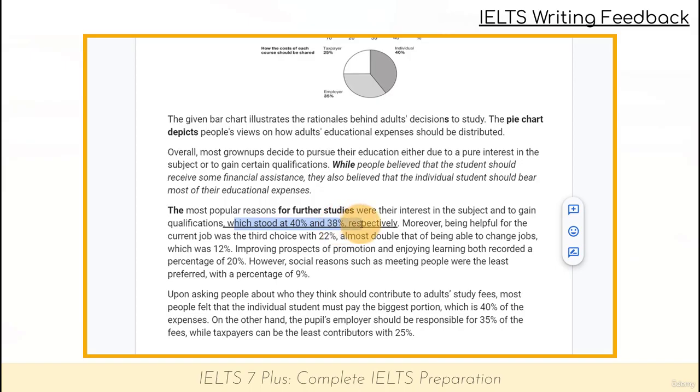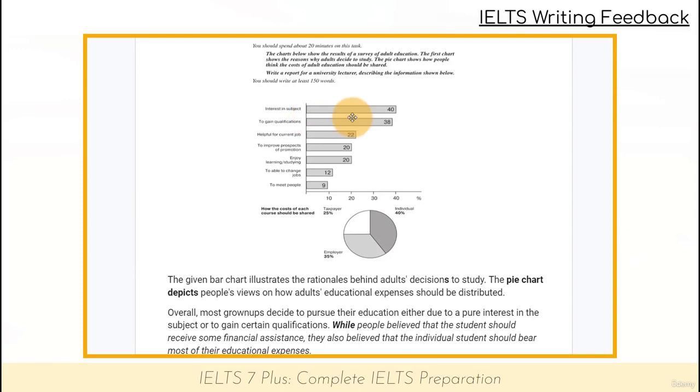Which stood at 40 and 38% respectively. No need for the comma there, so just a slight change. And I'm going to underline this. Terrible English, sorry. The most popular reasons for further studies were their interest in the subject and to gain qualifications, which stood at 40% and 38% respectively.